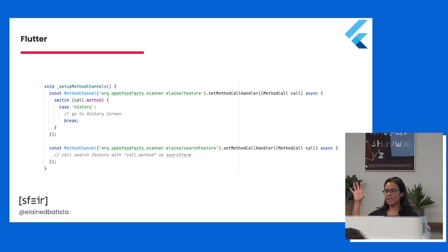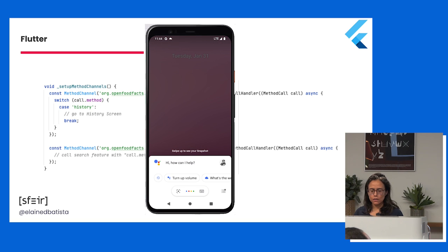So basically this is Android sending something to Flutter, and Flutter is waiting for this to be called. And then if the called method is history, you have to put the code to go to your history screen. And then if the method channel that was triggered is search feature, you basically call your search feature with this, yes.